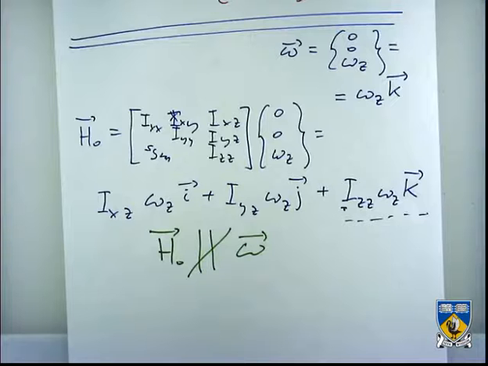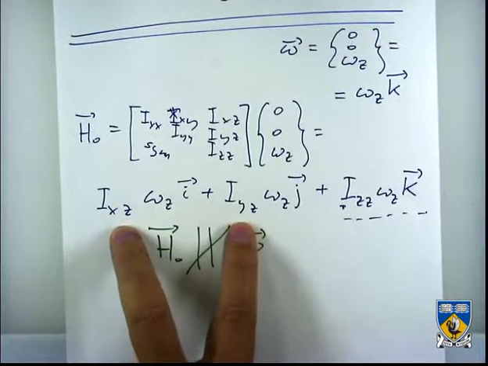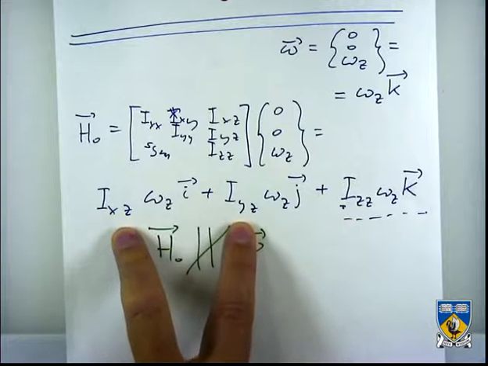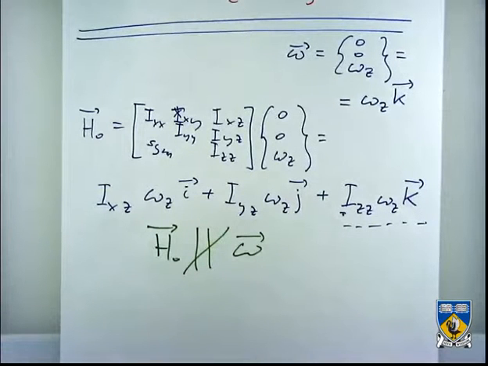For rotation, as you can see, you have components which are non-zero in x and y directions, provided that you have non-zero products of inertia, right? So this is very scary.